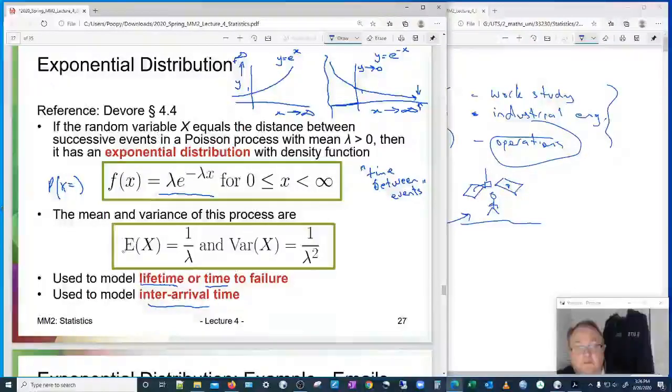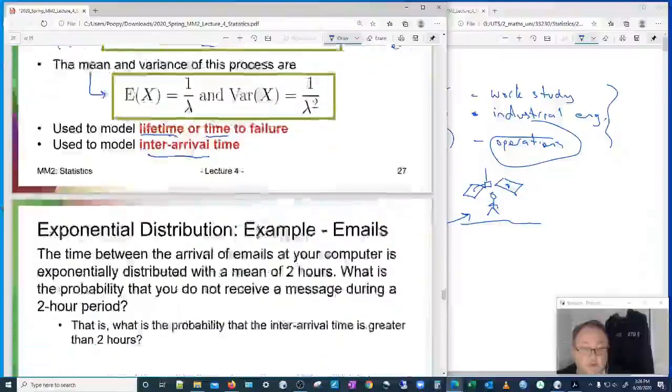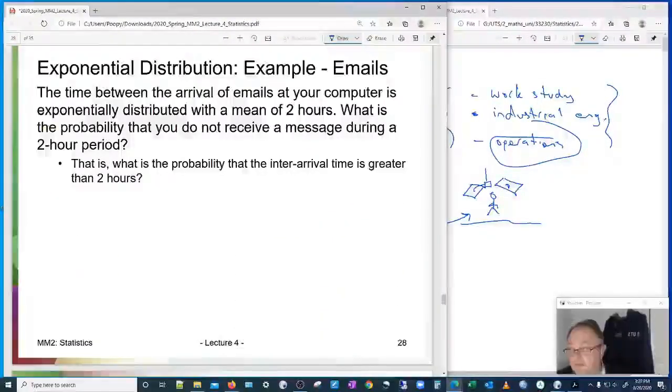So in this case we've got our mean, which is simply 1 over lambda, so that's slightly different to the Poisson, so just watch out for that. In the Poisson distribution it was just lambda, here it's the inverse, and the variance is the inverse squared. So we just need to be careful of that when we come to do calculations, and I think it's time to do some calculations.